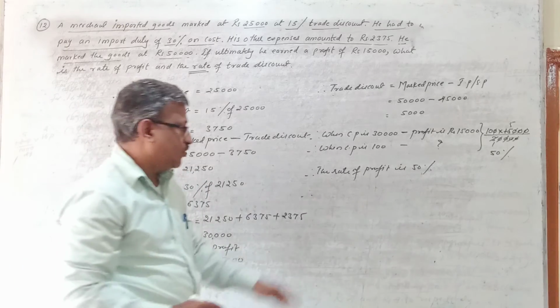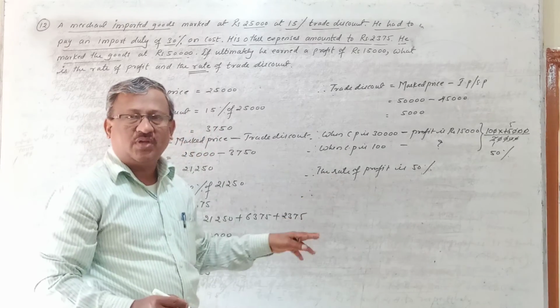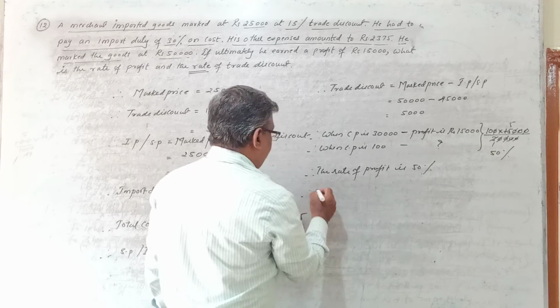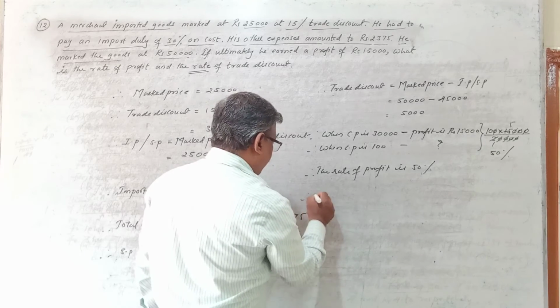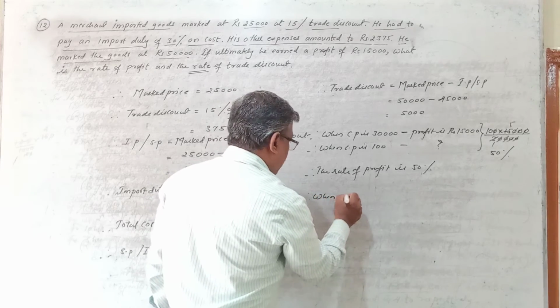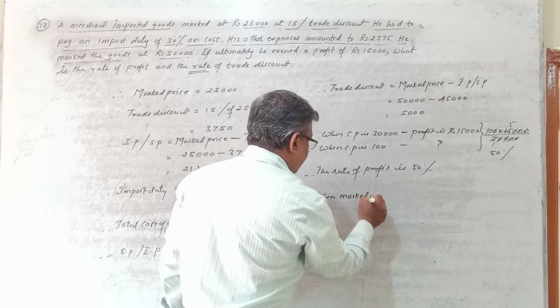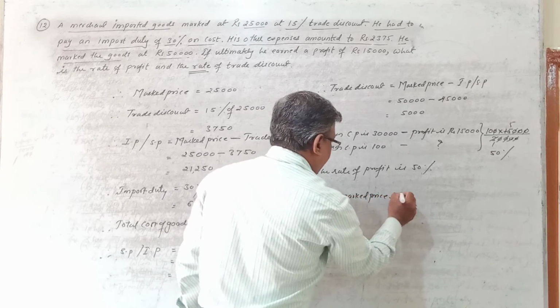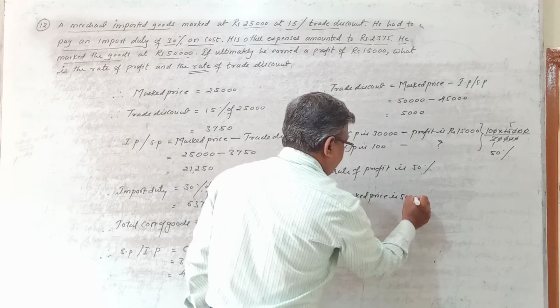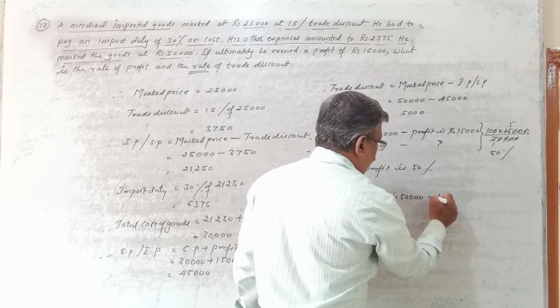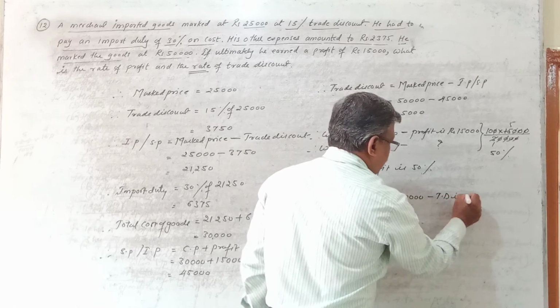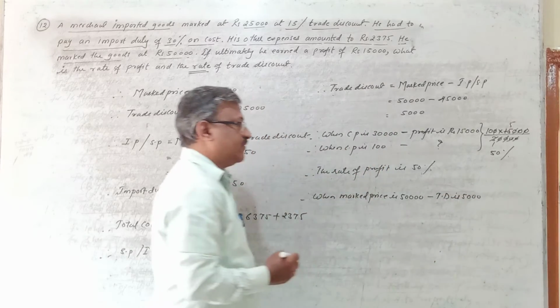what would have been the rate of trade discount? For that, again like this, you have to put the equation. When the market price is rupees 50,000, at that time the trade discount is rupees 5,000.